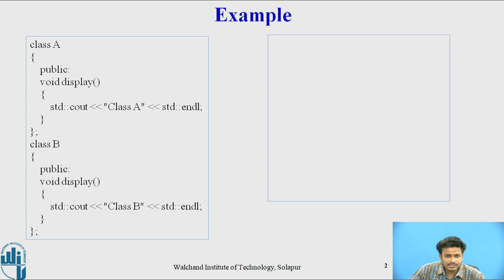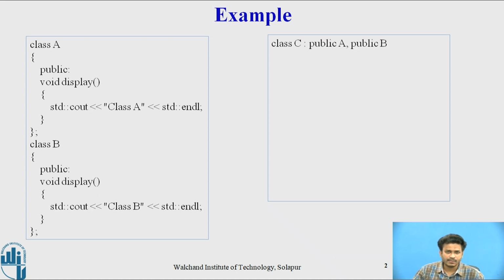In the same way, we have class B, and again we have made this function public, and it is going to print class B. If there is any child class which inherits the properties of class B, then that class is again able to access the display function. That is fine, no problem, right?